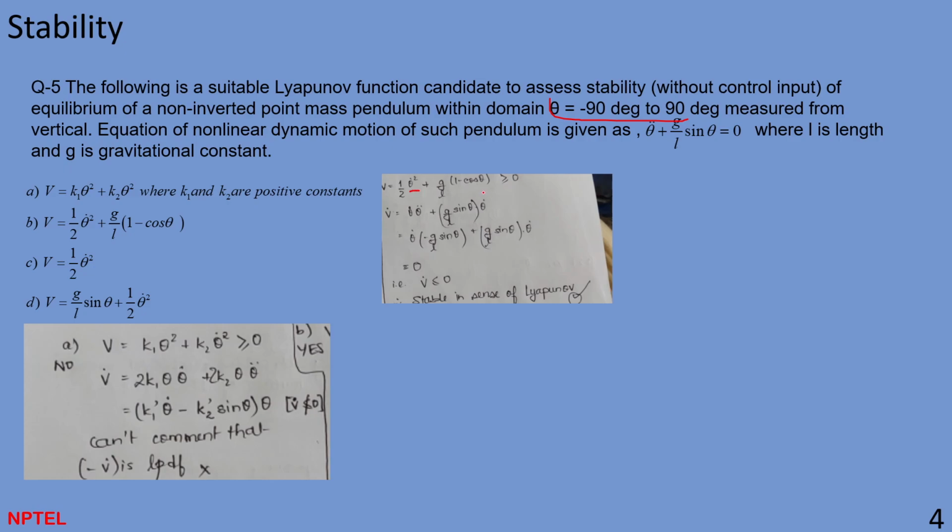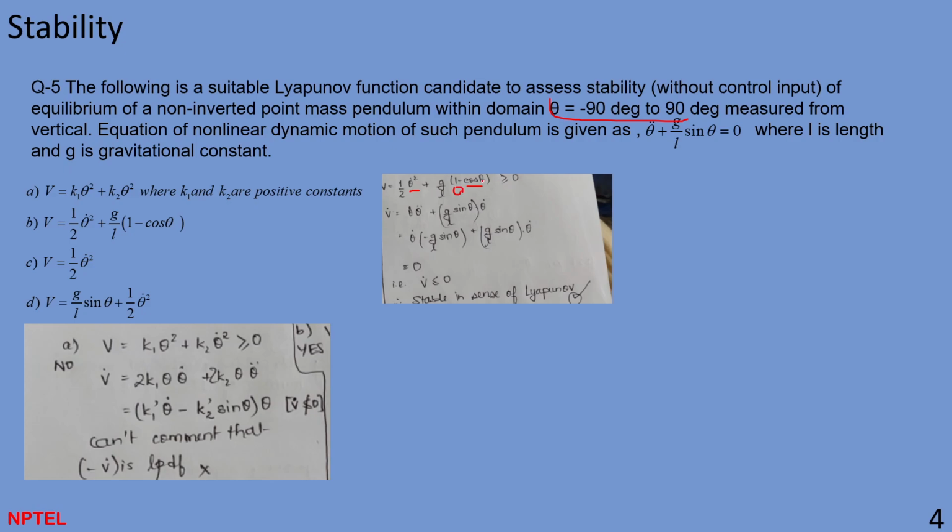But if you see this term, cos theta, when you put theta from minus 90 to 90 degrees, the maximum cos theta can go is 1, at theta equal to 0. In that case the term will be 0, but this doesn't mean that V will be 0.